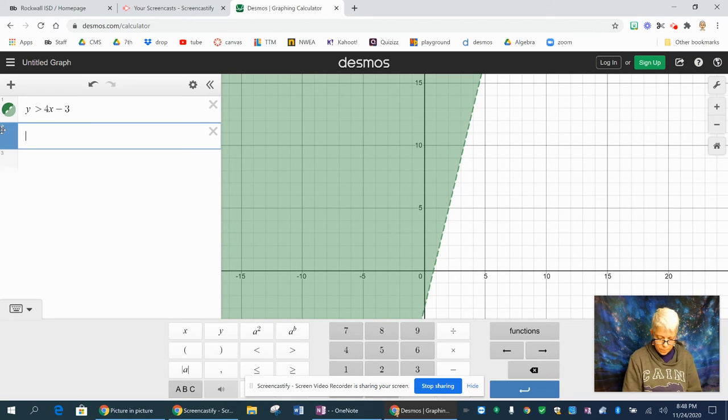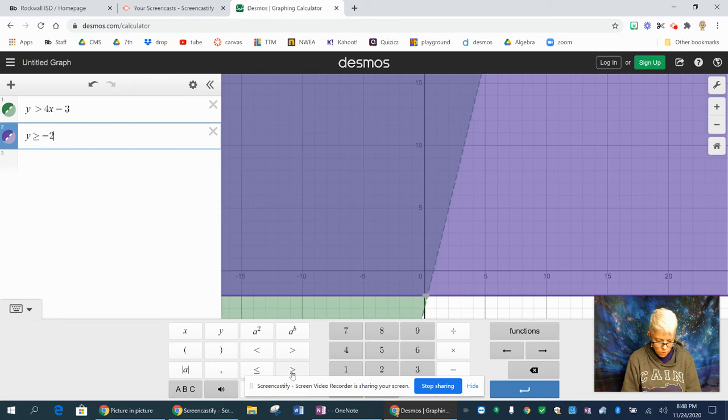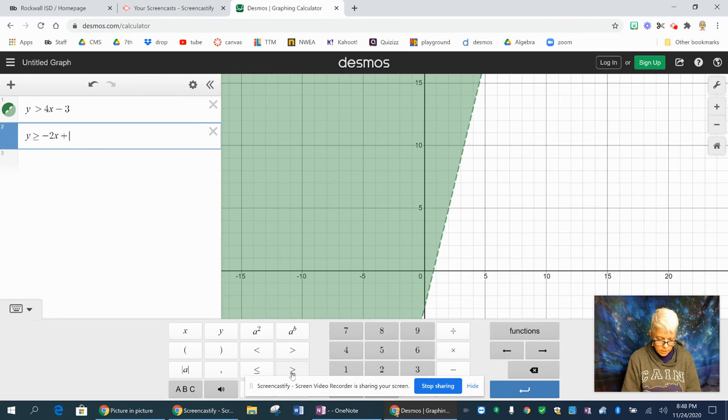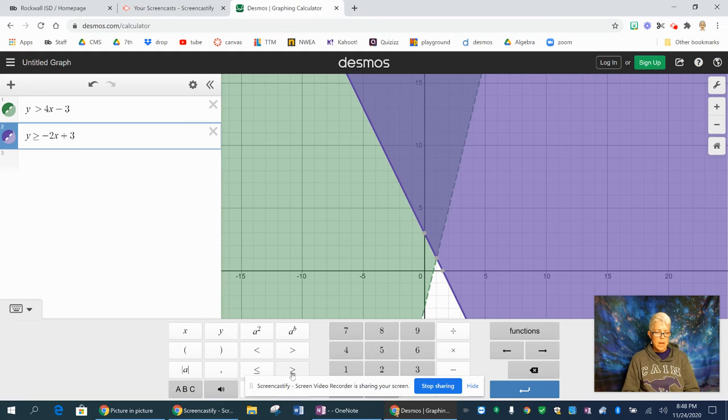Then y, and I'm going to use the greater than or equal to symbol, negative 2x plus 3. Okay, now it's kind of cool if you look at this. They show you what the green is for, they show you what the purple is for, and then you can see in the middle where it's overlapped.